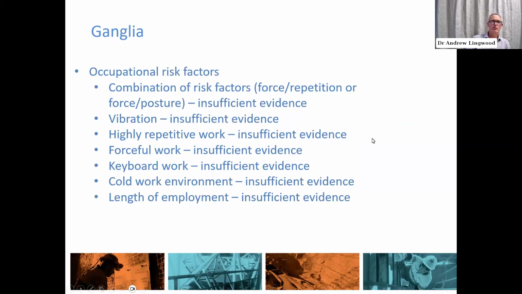Now, in terms of whether they are related to work, the short answer from my perspective is that unless there has been a work-related injury to one of these surrounding structures, the answer is no. They're not just caused by repetitive use. They're certainly not caused by keyboard work.